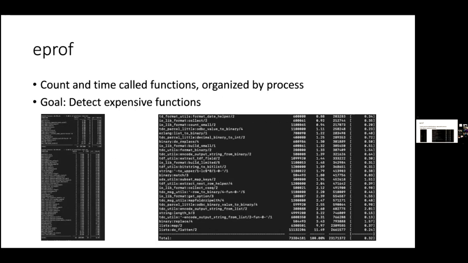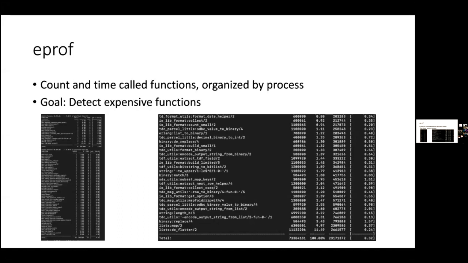Then we move to eprof. As I mentioned earlier, it will organize the output by processes. This is very useful for us because we want to focus on the processes that perform the data conversion. The screenshot on the left shows how the output organized by process looks, and on the right is a sample of the output for a process that performs data conversion.